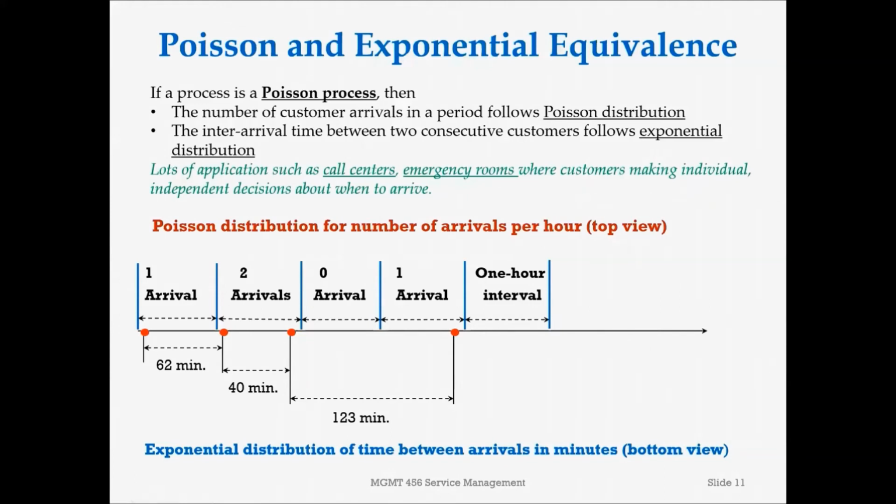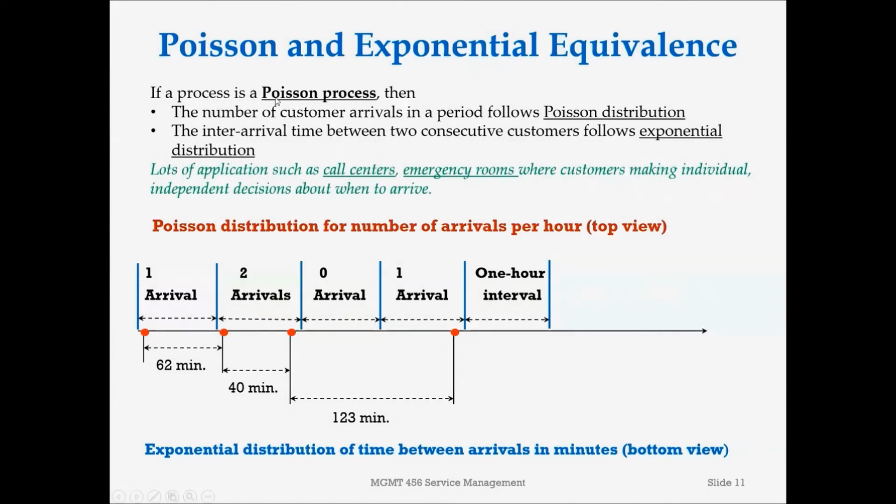So far we covered two kinds of distributions. One is called a Poisson distribution. The other one is called exponential distribution. Actually, they are related. Both the Poisson distribution and the exponential distribution model the same process, called a Poisson process.